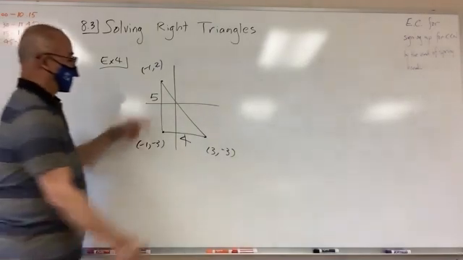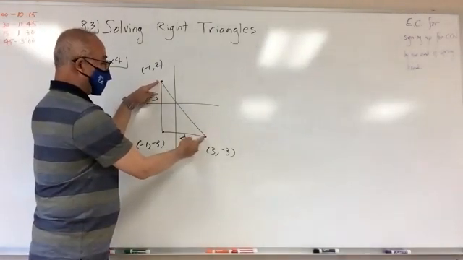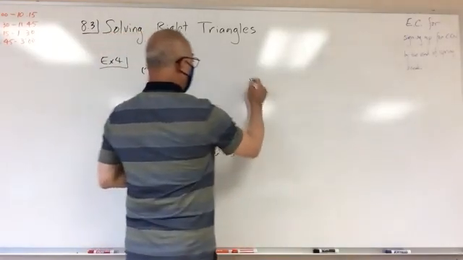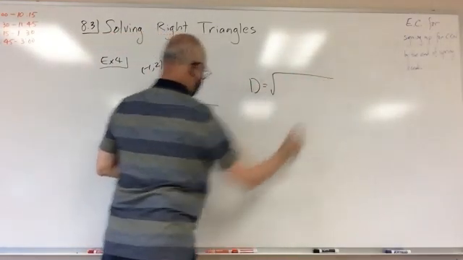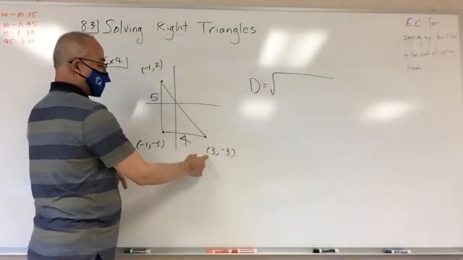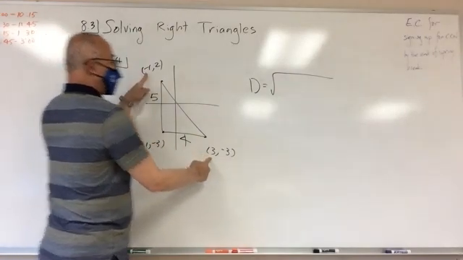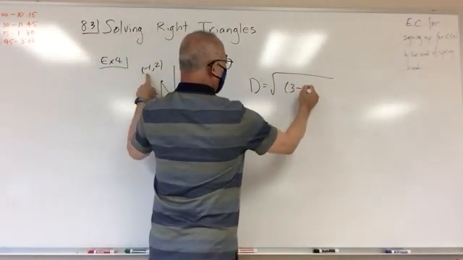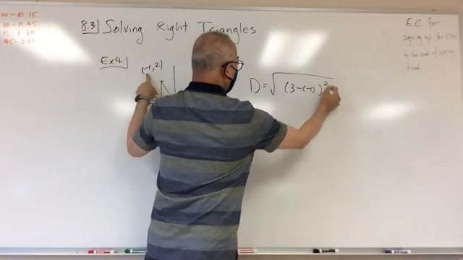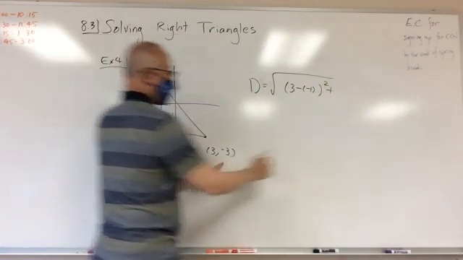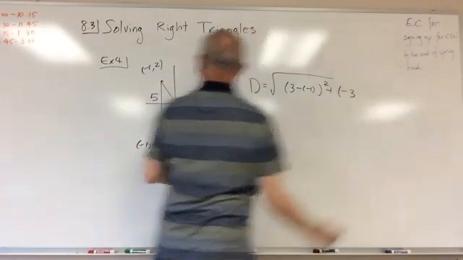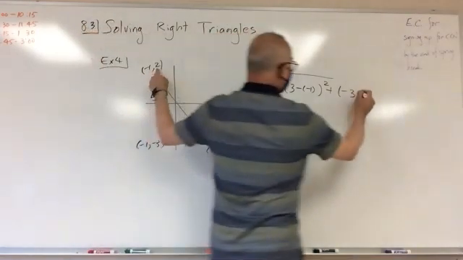Okay. So this guy would be what? Let's do the distance formula here. x2 minus x1 squared plus y2 minus y1 squared.